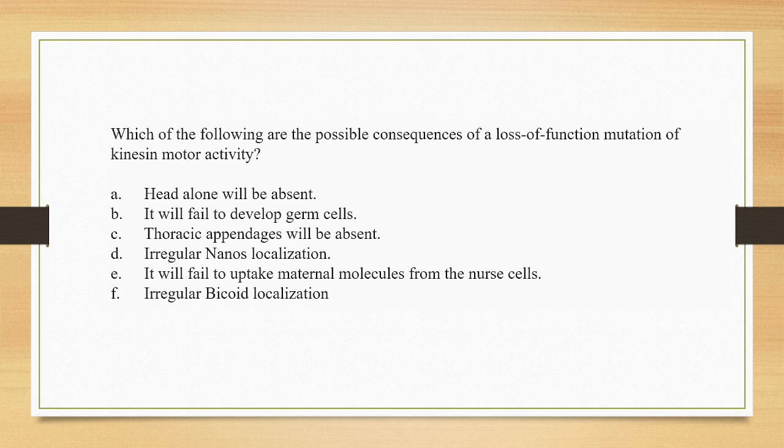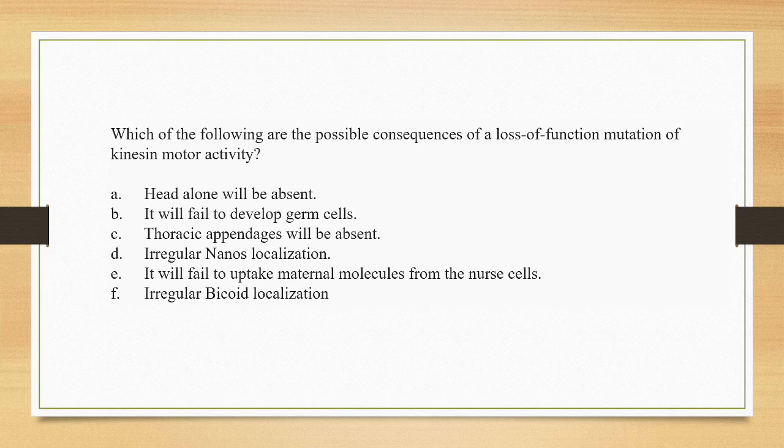Remember that kinesin proteins are the motor proteins which are responsible for the transportation of molecules. The molecules that have to go from the anterior to the posterior axis move with the help of these motor proteins. Therefore kinesin is very much involved in anterior to posterior axis specification.